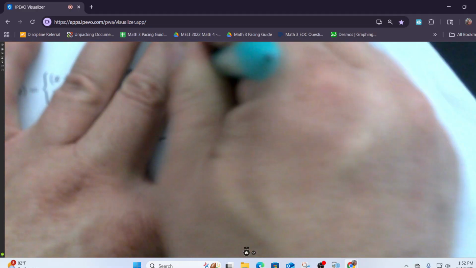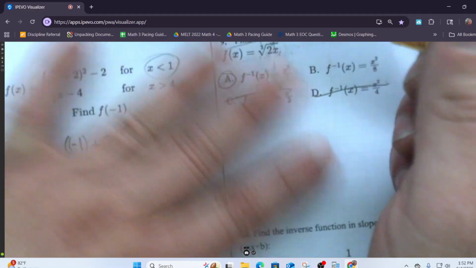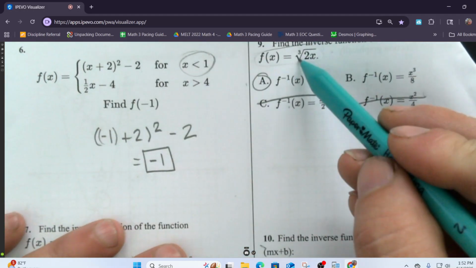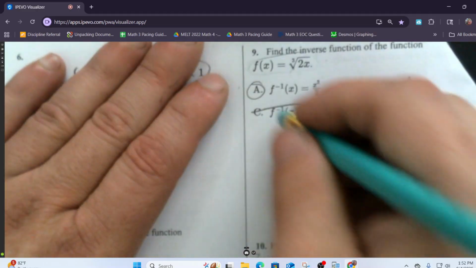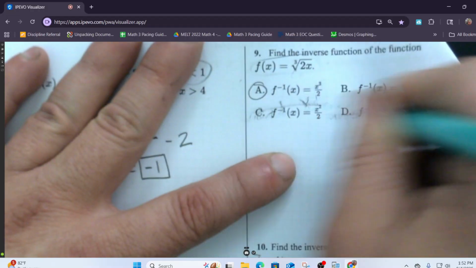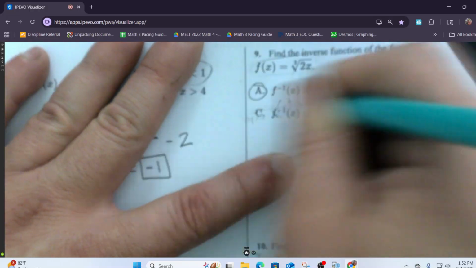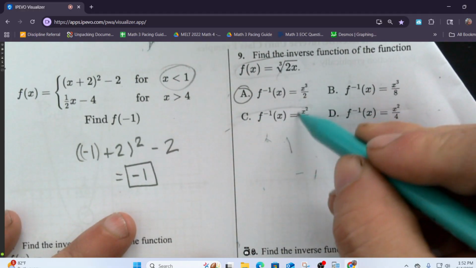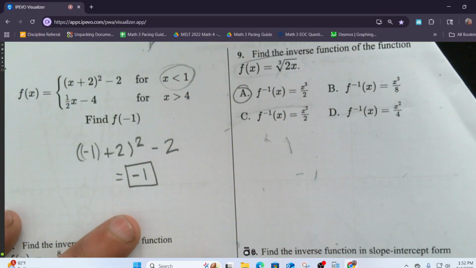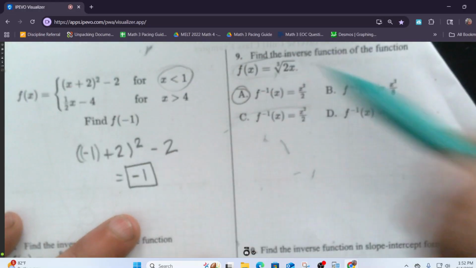All right, real quick with this one. You got a cube root of 2x. Now, notice on my choices C and D, I have an x squared here and an x squared here. Well, that's a third root.